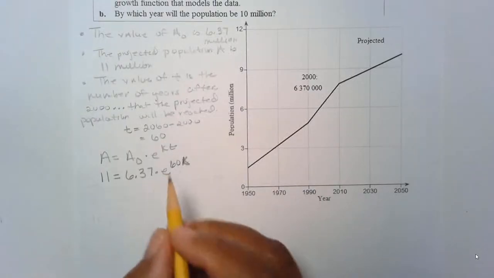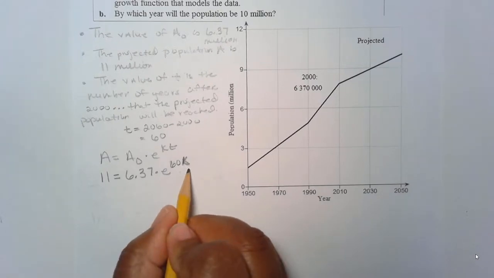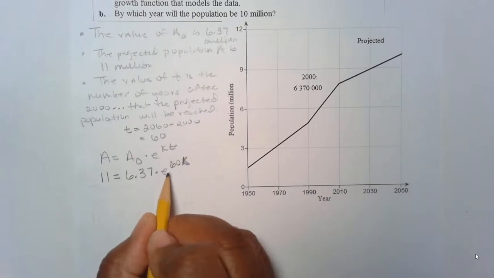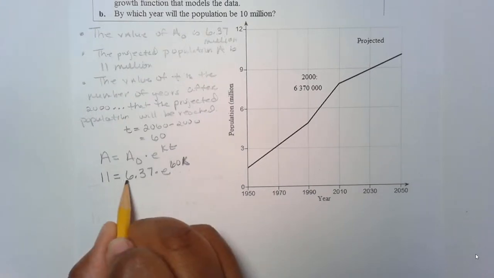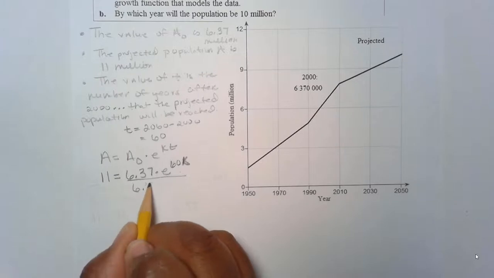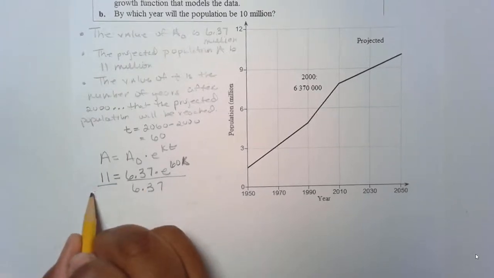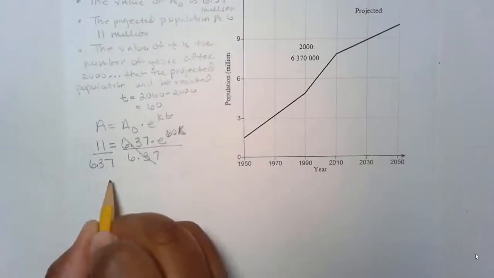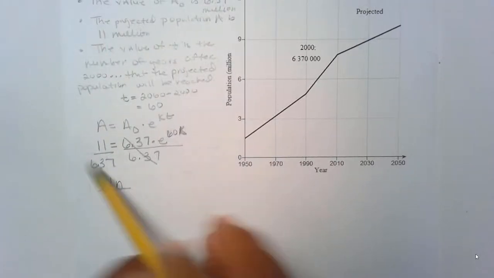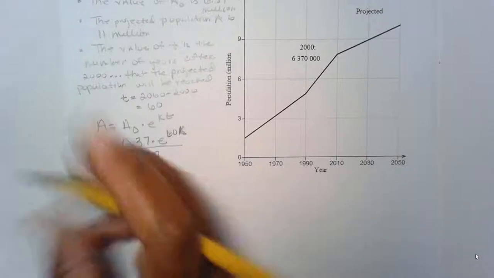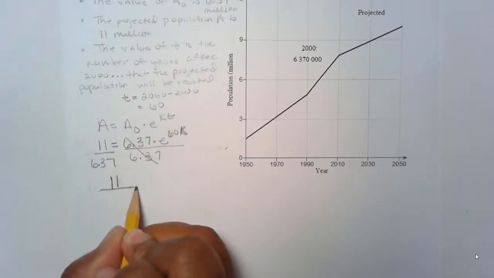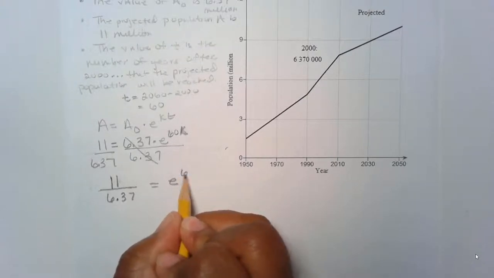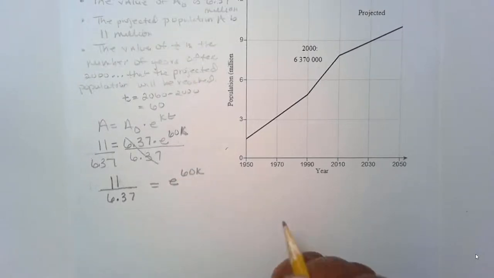So we want to solve for k, like I said, but before we do that, let's get our base e by itself on one side. So we're going to divide 6.37 to both sides, and we have here 11 over 6.37 is equal to e to the 60 times k.